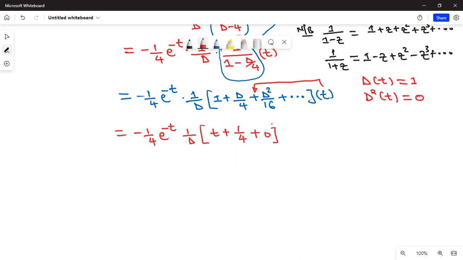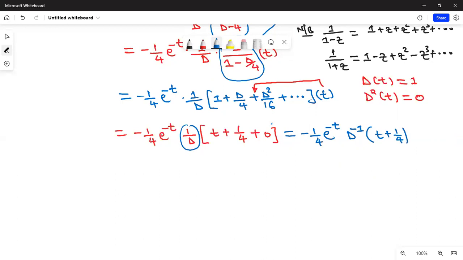And so there's another D operator, this one. 1 over D is the same as D inverse. So this is the same as writing -1 over 4 exponential -t D inverse of t plus 1 over 4.